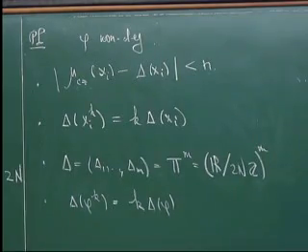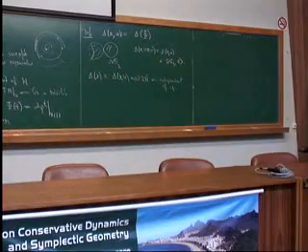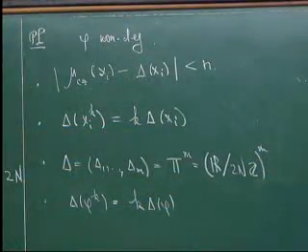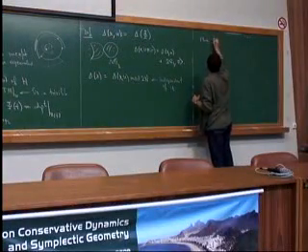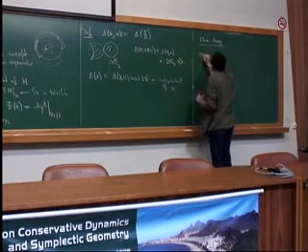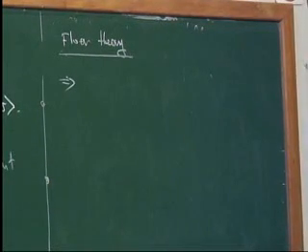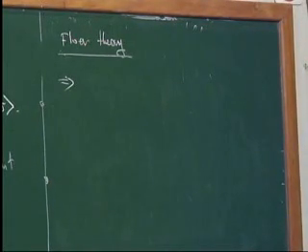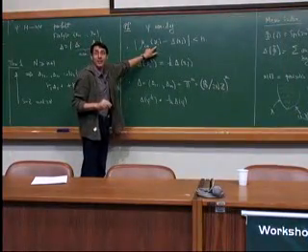Now, there should be a non-trivial input in this trivial result, namely Floer theory. Floer theory tells me that there is at least one fixed point with the Conley-Zehnder index equal to n.